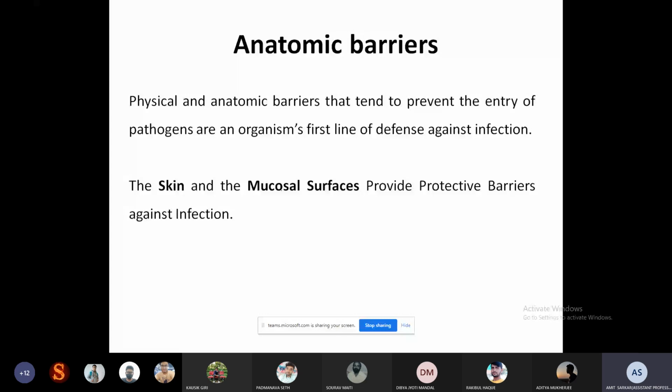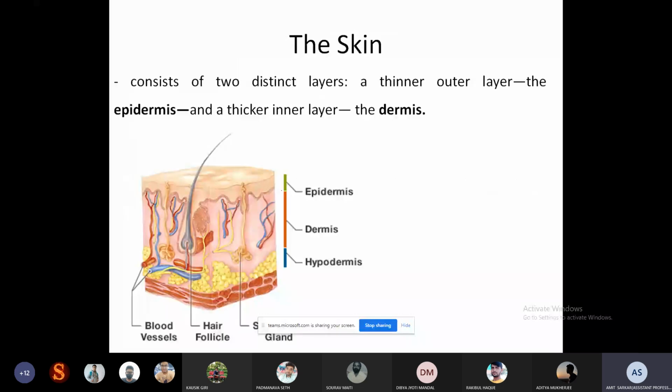Let's think about the skin first. Usually, our skin can be generally divided into three distinct layers: epidermis, dermis, and hypodermis. Forget about the hypodermis for the time being. Let's see epidermis and dermis. The epidermis is the upper layer, which is mostly composed of dead cells.